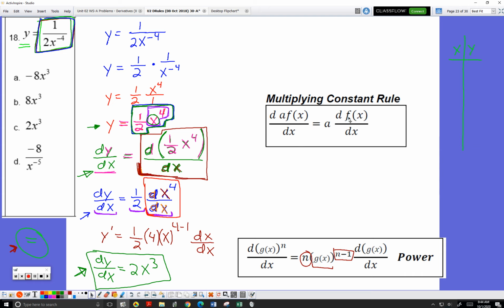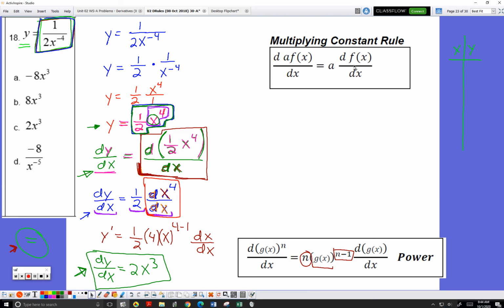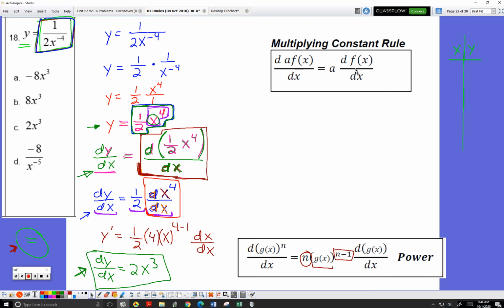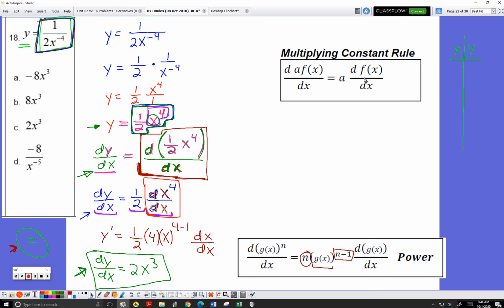The multiplying constant is used very regularly in many problems. It's a really easy rule, though, because all you do is recognize that if you have, like right here, d dx of a multiplying constant multiplied by some function, you just pull the constant out of the d dx.